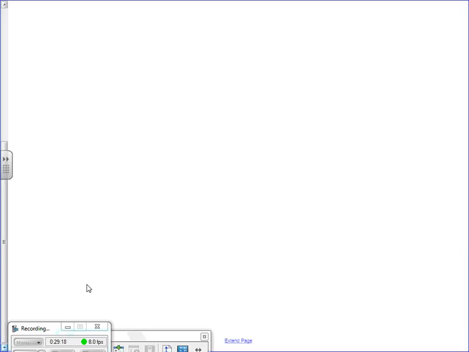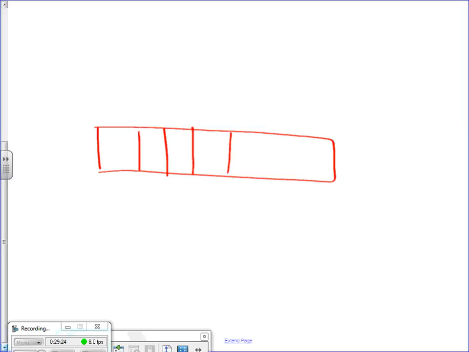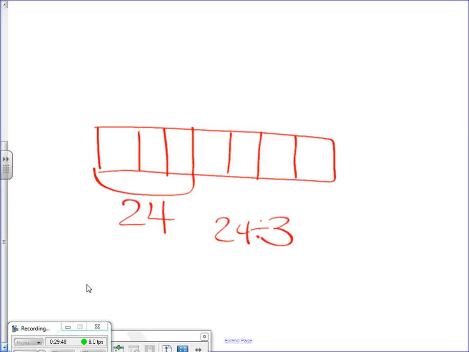3/7 of a number is 24. Magic number. 3/7 is 24, so 3 parts equal 24. What do we do with that information? You divide it by 3. 24 divided by 3 is 8.